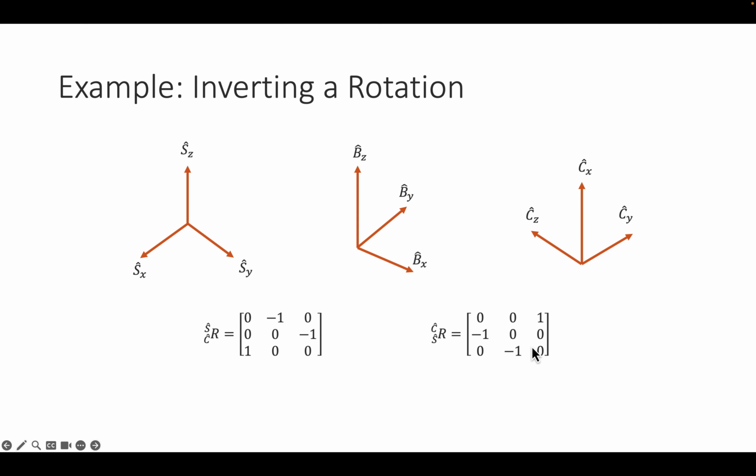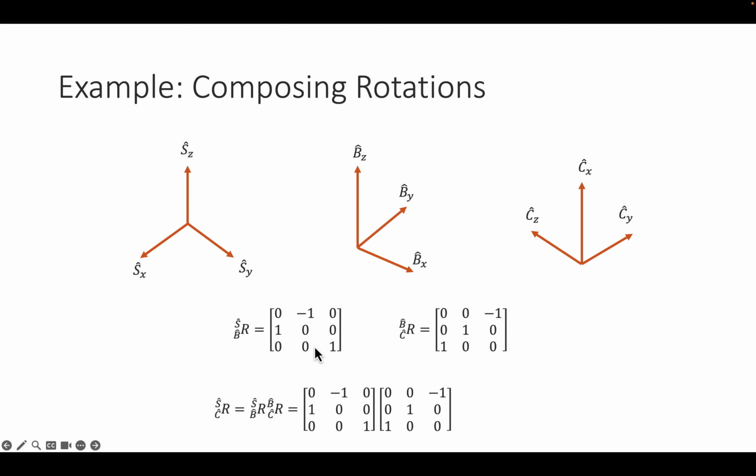But I can also very quickly see that these matrices are very related. They are in fact the transpose. So the transpose of this is that. And so you see here 0, minus 1, 0. You get that here in the column. The second row is the second column here, and the third row is the third column here. This can be done because these matrices are rotation matrices and they are orthonormal, and there the inverse is essentially the transpose.